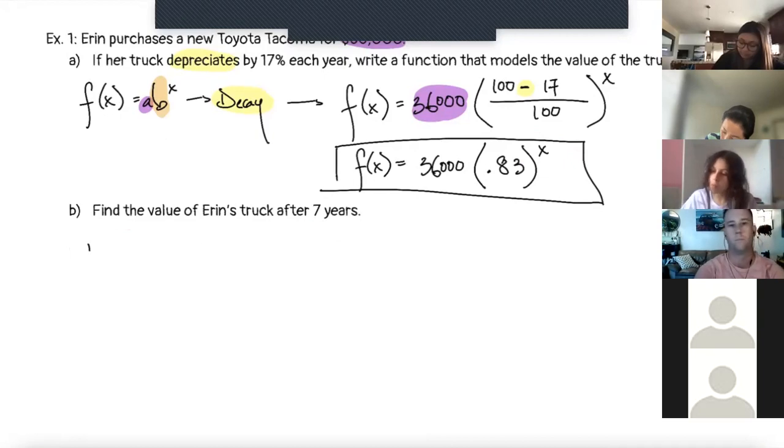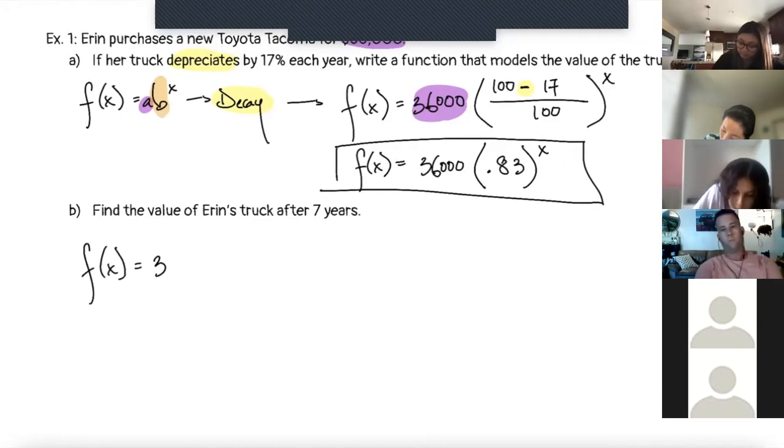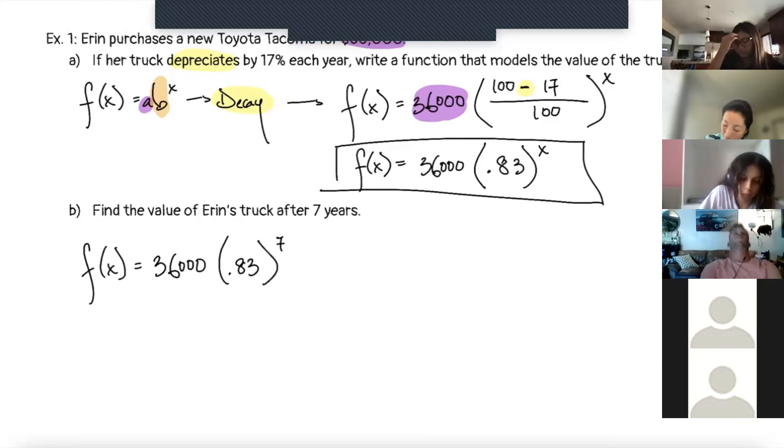So part B looks like f of x equals 36,000 times 0.83 to the 7th power. And I'll give you a moment to type this all in on Desmos. And let's see if we need any extra parentheses or if we feel like it's good to go.